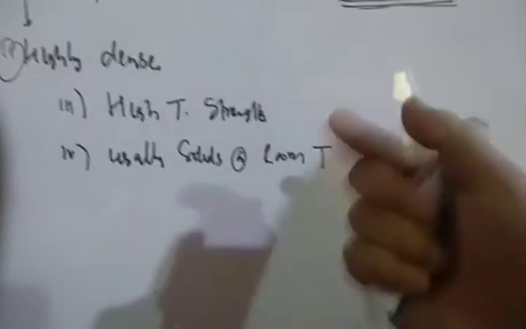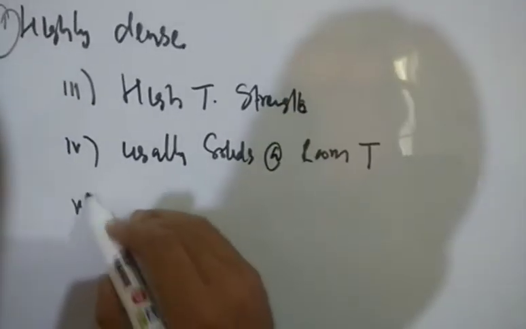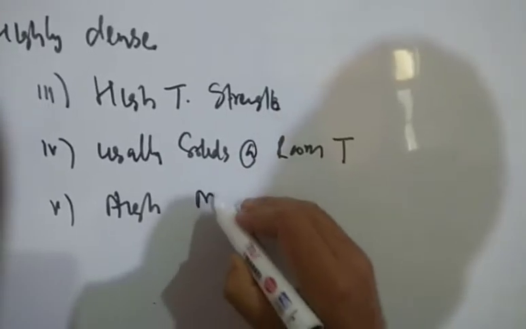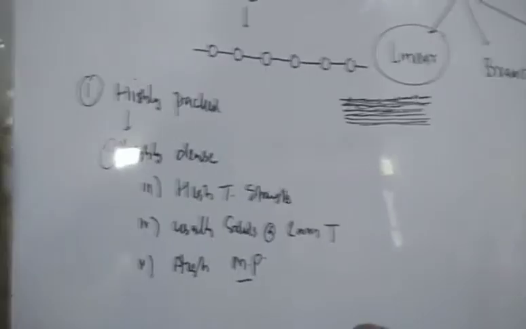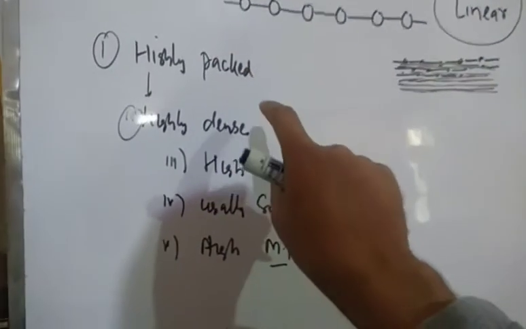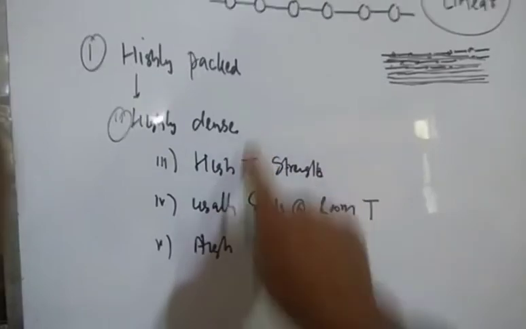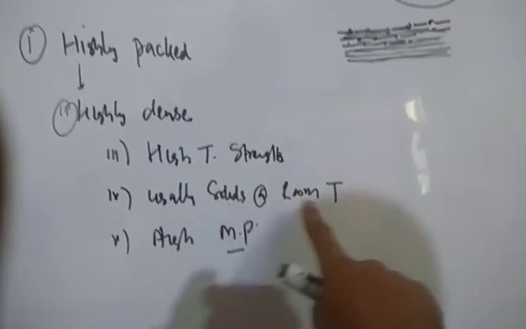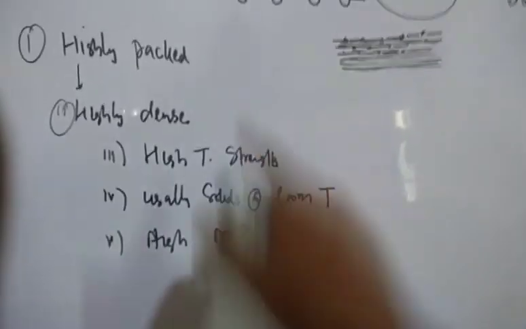And जब ये solid होंगे, इसका मतलब they have high melting point. ये बहुत important है. तो ये basic property आ जाती है इन polymers में. They are highly packed chains. That's they are highly dense. Density is high. So that gives them good tensile strength. They're solids at room temperature and a high melting point.